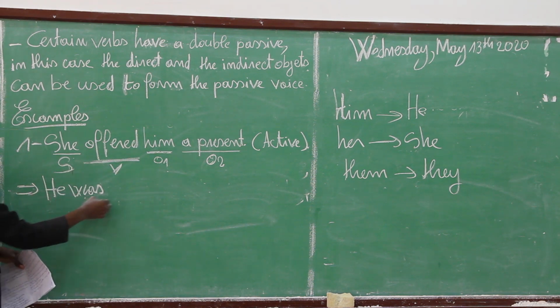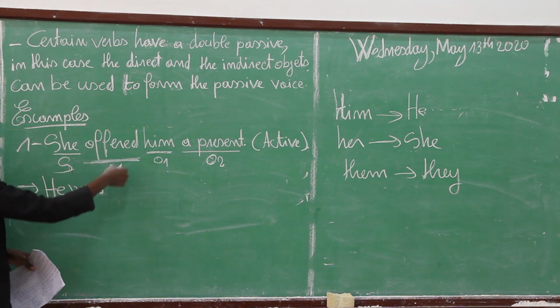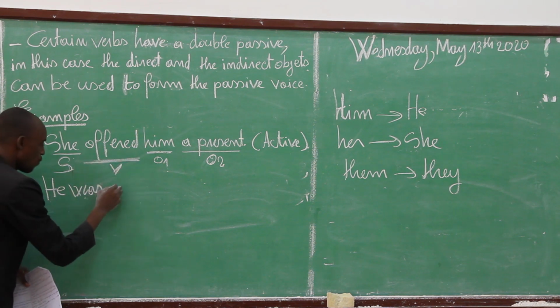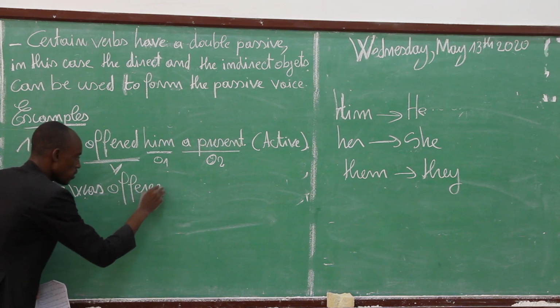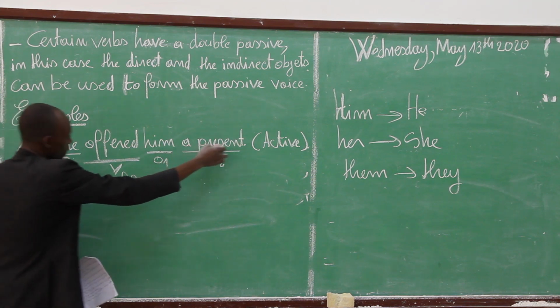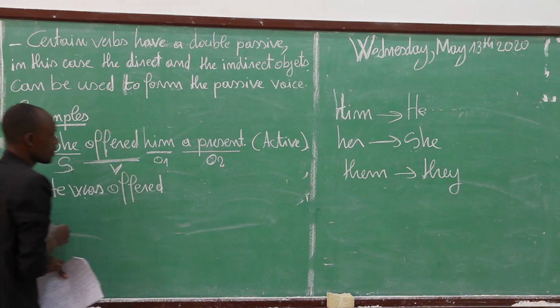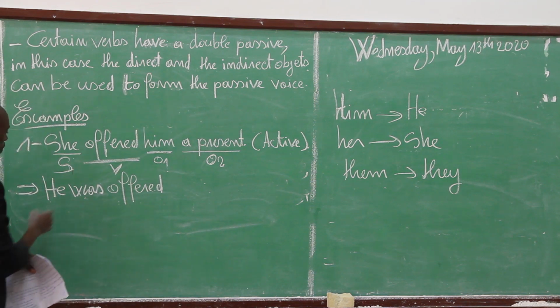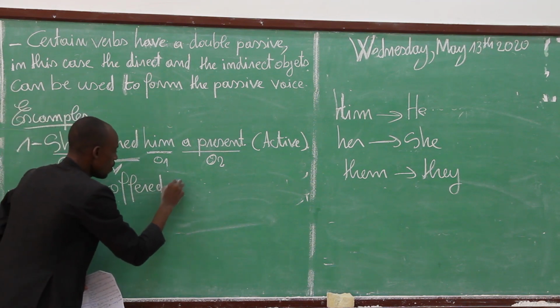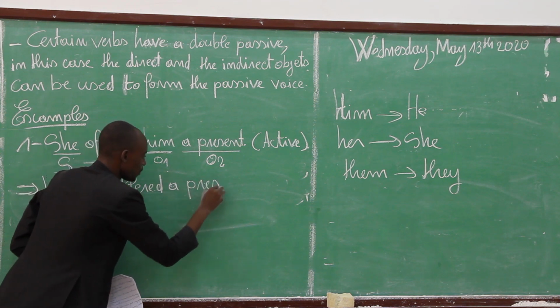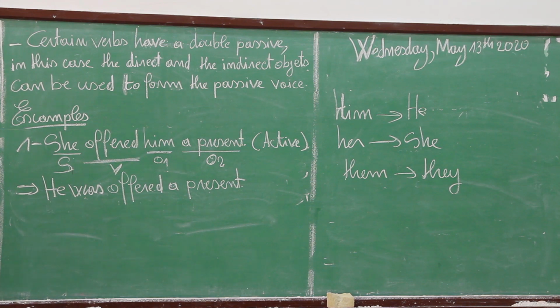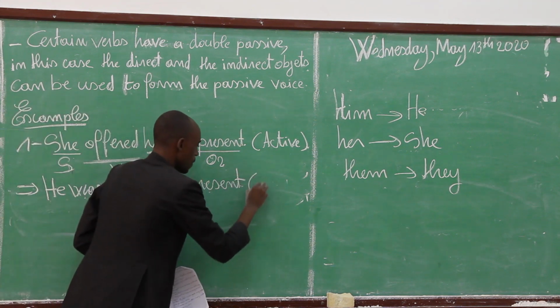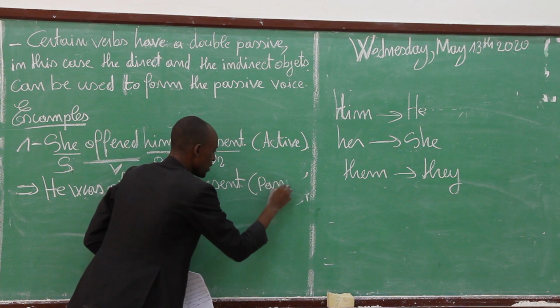He was, followed by the past participle of the main verb in active voice, offered. He was offered, and we can take the rest of the object: he was offered a present. This is the first possibility, passive voice.